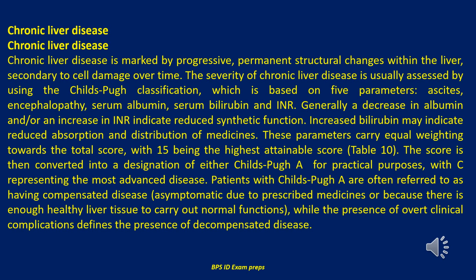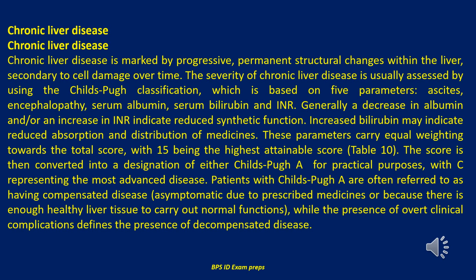Increased bilirubin may indicate reduced absorption and distribution of medicines. These parameters carry equal weighting towards the total score, with 15 being the highest attainable score, as shown in Table 10. The score is then converted into a designation of either Child-Pugh A, for practical purposes, with C representing the most advanced disease.